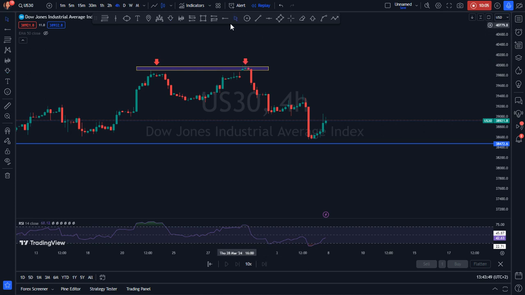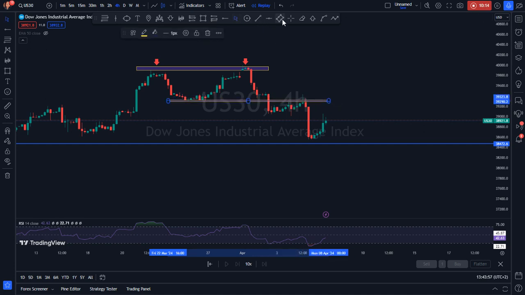Let's use this as more like a double top, and then this one is more like a neckline being retested. The neckline was retested, but all of this has nothing to do with the market now being gonna reverse all the way towards the downside.